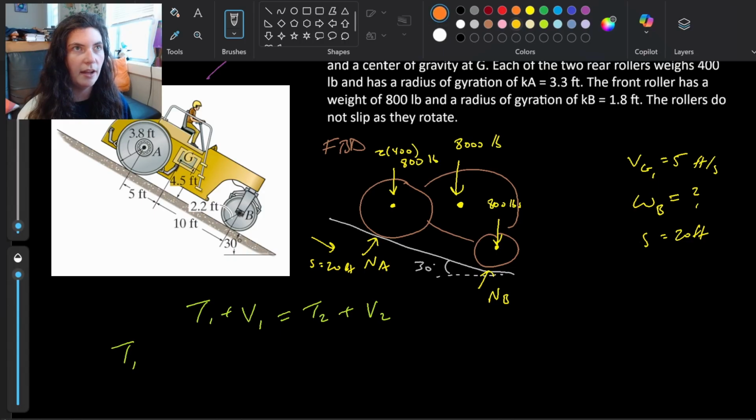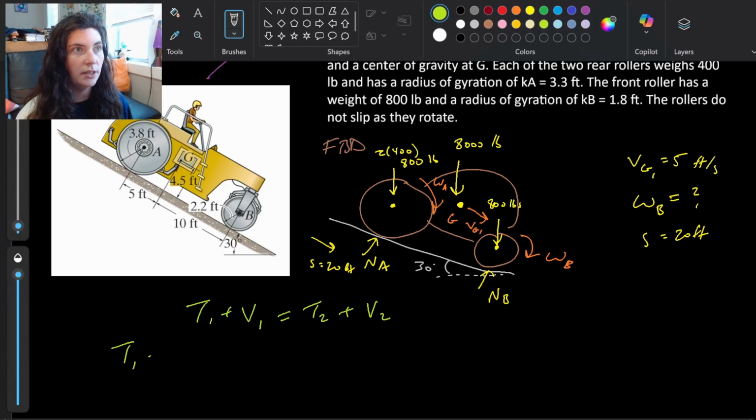Not only do I have my kinetic energy from VG1, so this is G here, there is a velocity down the hill, VG1. But I also have angular velocities around my A and my B, omega A and omega B. Those all contribute. Each one of those exist, and they have to go into that initial kinetic energy calculation.